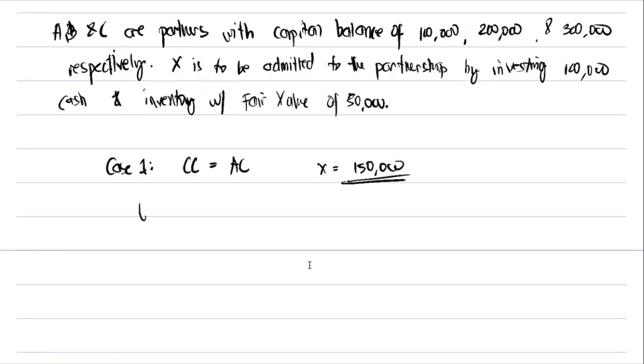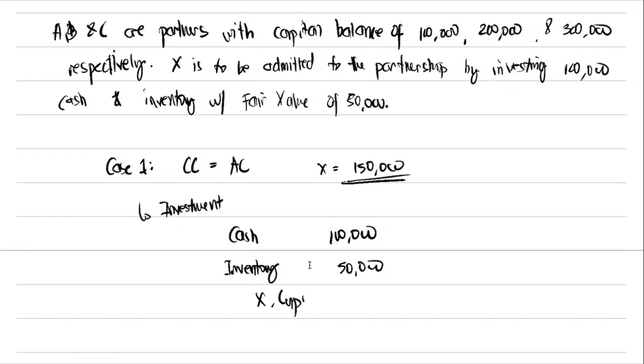So how do we treat this one? You treat it as purely an investment. So we just record the investment. So we debit cash 100,000 and then we debit inventory 50,000 and then we credit X capital 150,000.